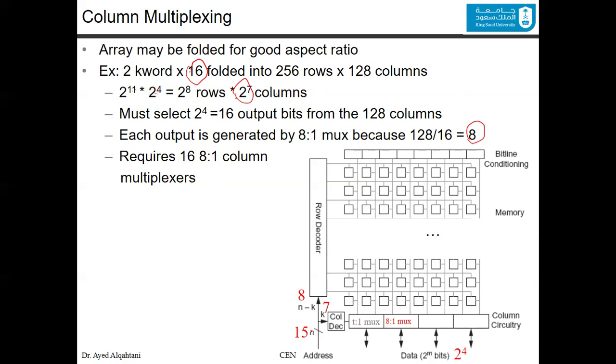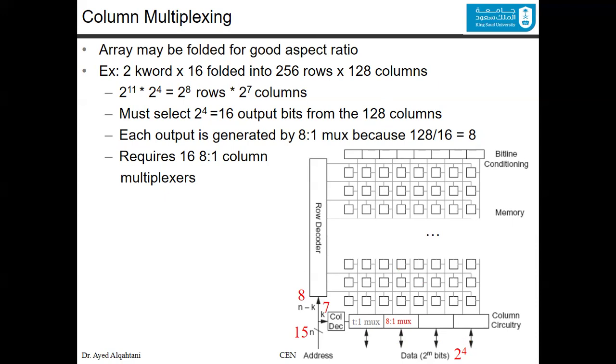So we have 15, and we distributed it to 8 and 7, as we mentioned. And the mux size now is 8 to 1. And the data at the output, the one that we want, is 16, so it's 2 to the power of 4.